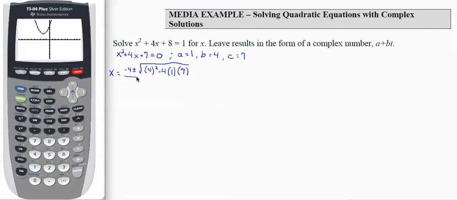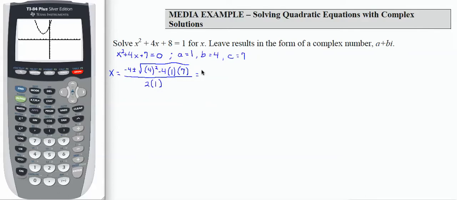Make sure my fraction bar goes all the way underneath, and then 2 times a goes underneath. So that's 2 times 1. So be sure that you understand where all the numbers came from. Negative b plus or minus the square root of b squared minus 4ac, all of that divided by 2a.